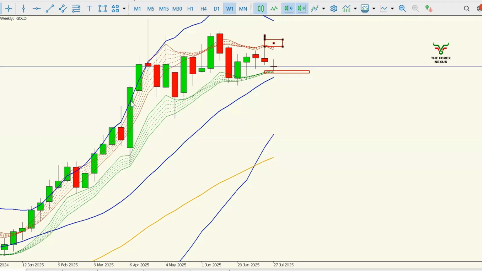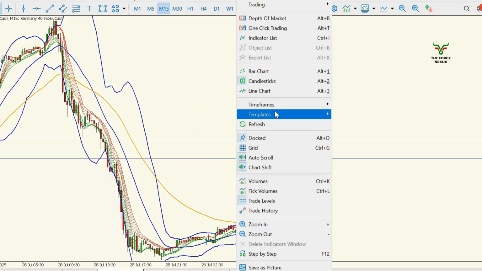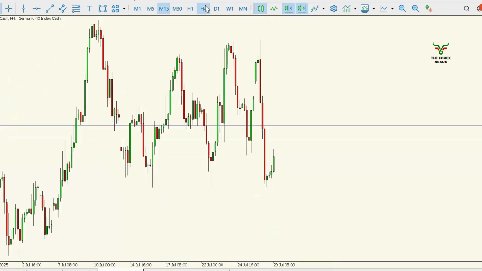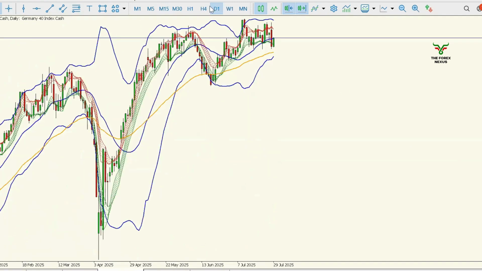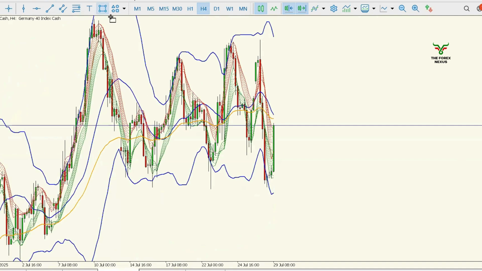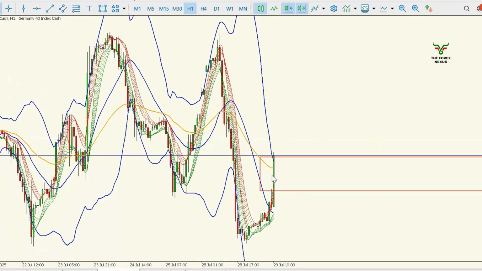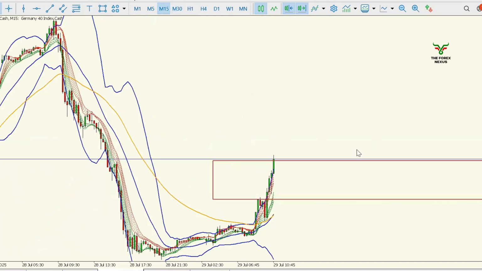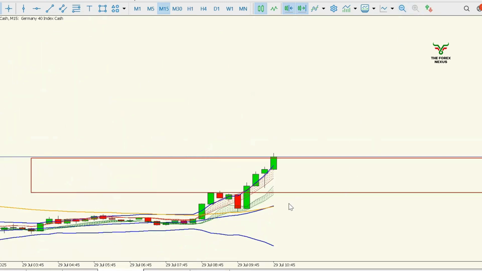Remember, if we are taking a trade on H4 time frame, like German 40, this was our possible sell zone. So here we will wait for the extreme. On M15, we will wait for the REM.